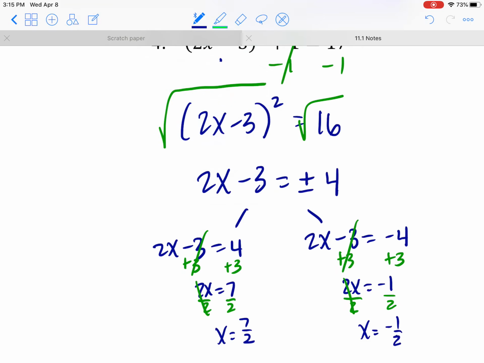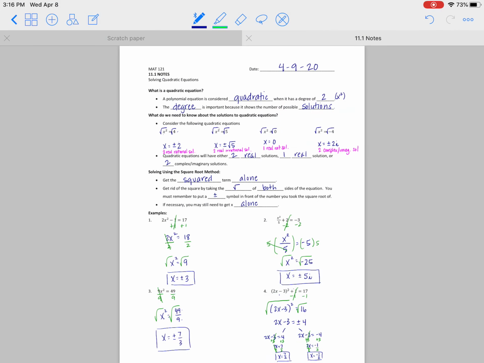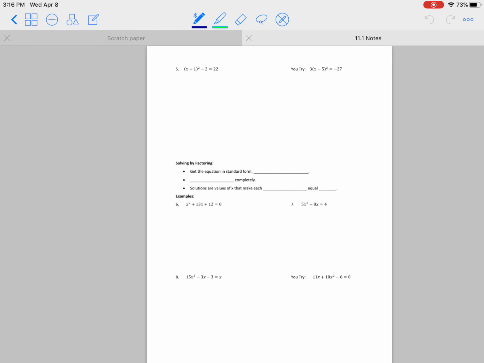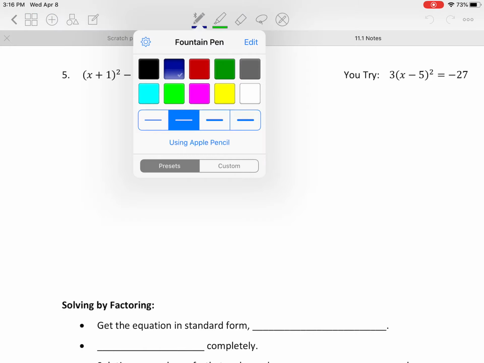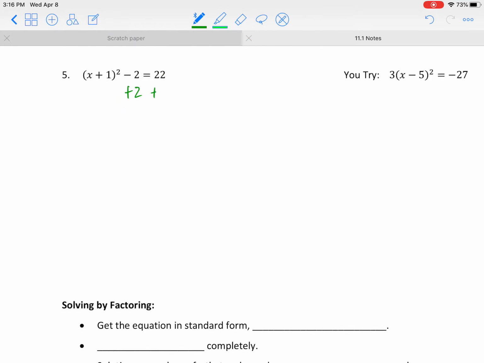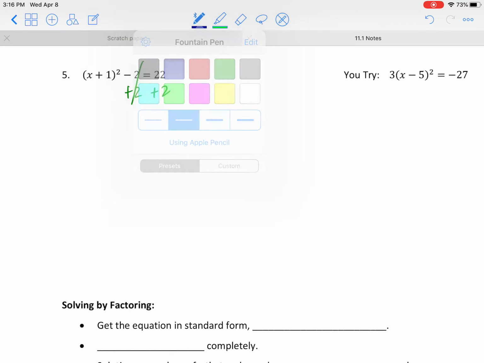And then over here, same steps, add 3, so I have 2x equal to negative 1, and then divide by 2, so x is equal to negative 1/2. So I have two real rational solutions on this one as well. Okay? Oof, it's a lot.